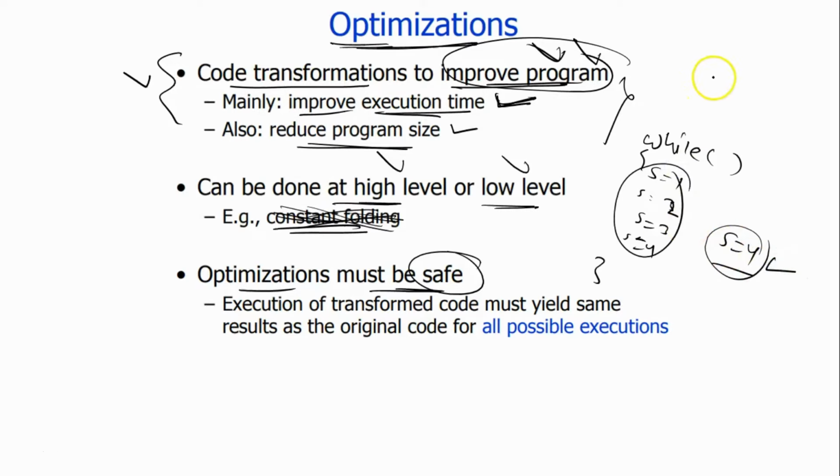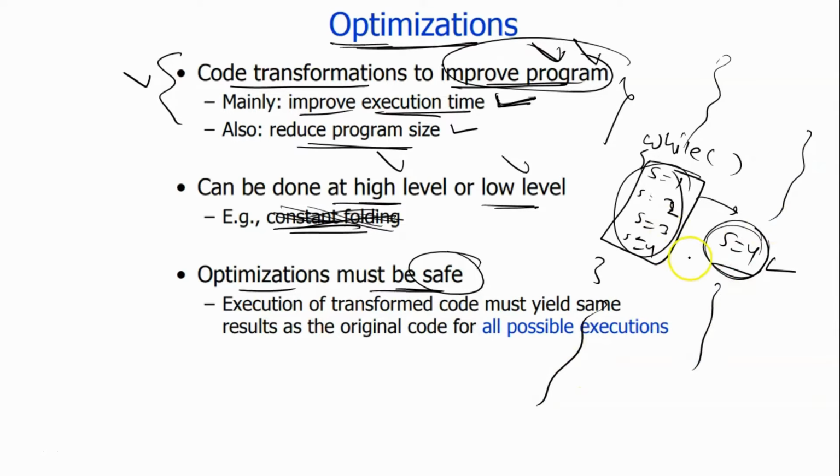Whenever this program is run, you can guarantee that when you replace these 4 instructions with this instruction, nothing is going to change. Your outcome is not going to change for any execution you do of this program. Both are going to give you the same result. That's why your optimization should be safe.